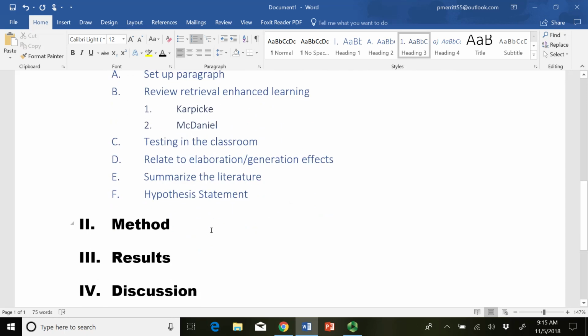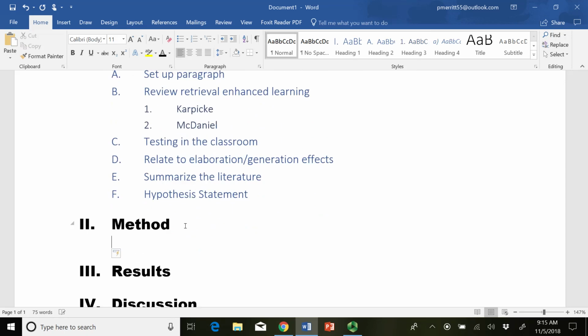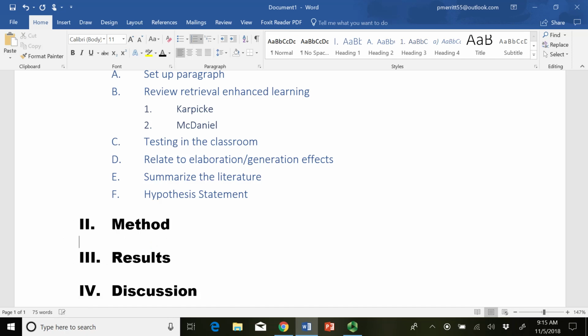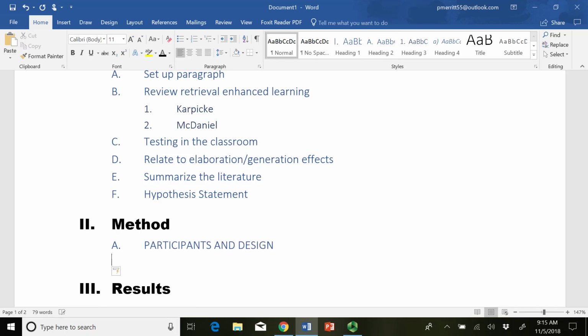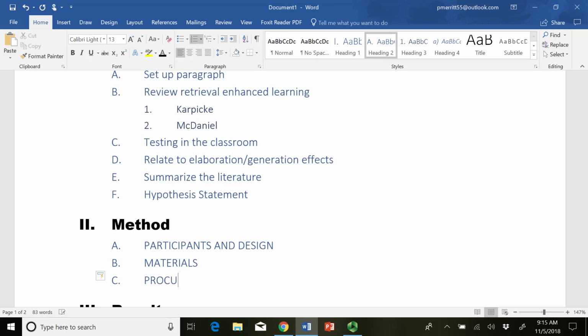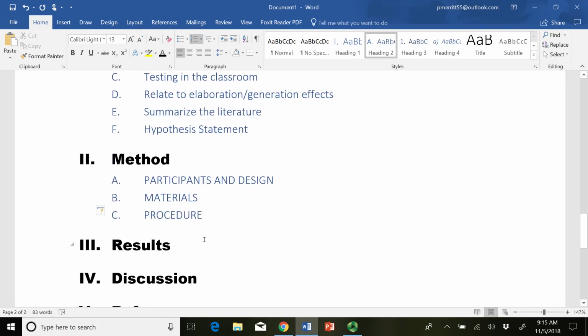And then as you go down to method, you'll do something very similar. It'll start with usually participants and design. Then materials, procedure. The exact nature of this will depend on your experiment.